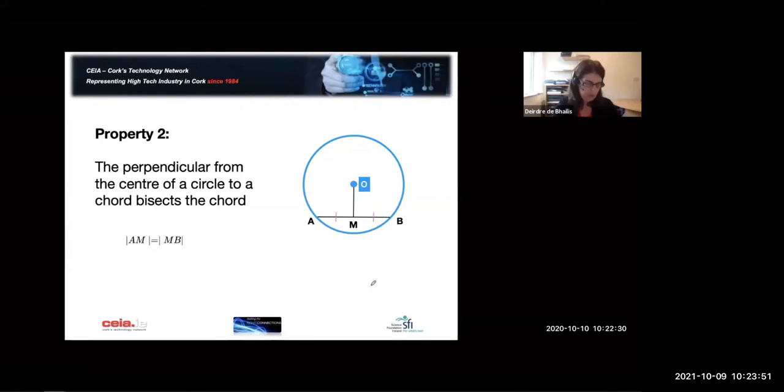Where that can be quite useful is that you may be looking for a particular point and you might see that what you have here, because it is the perpendicular, again you'll have a right-angled triangle there, and Pythagoras could come into play again to help find the length of sides here or the length of the radius for that circle.